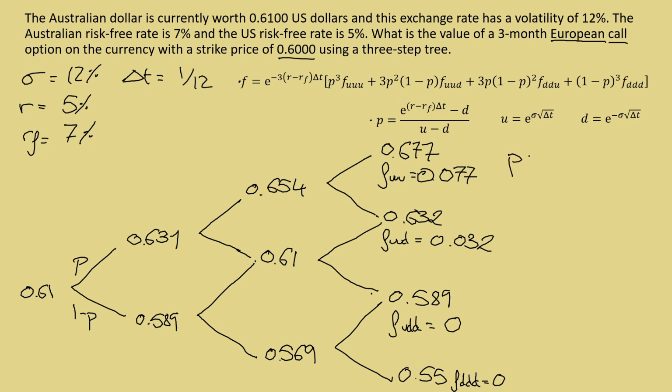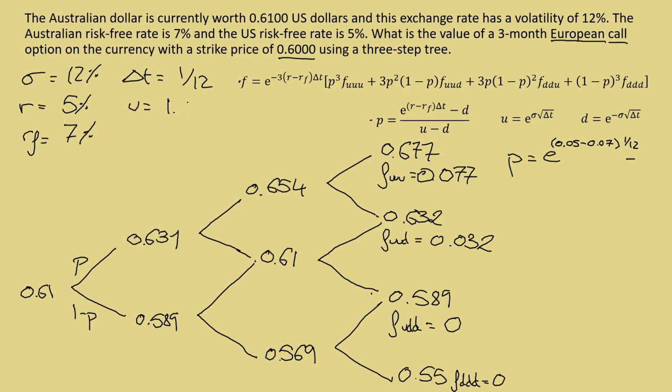So here it says P is equal to e to the power of r, which is the domestic interest rate, which we said is 0.05, so 5% but in decimal places, minus the foreign interest rate, which is 0.07, everything in brackets, times the time period, which we said is 1 over 12, and this whole thing minus D. I'll write U and D down.